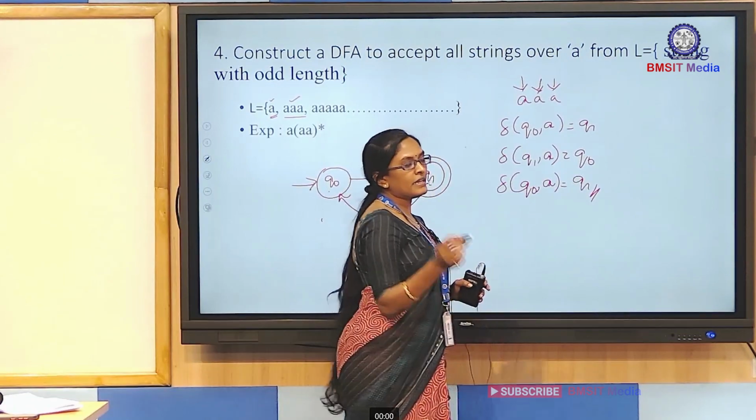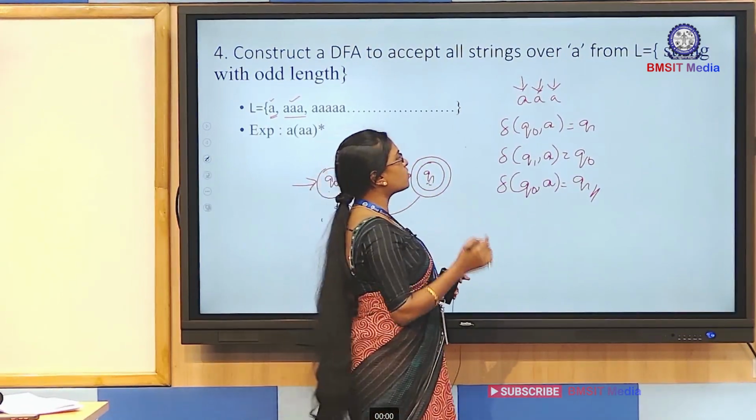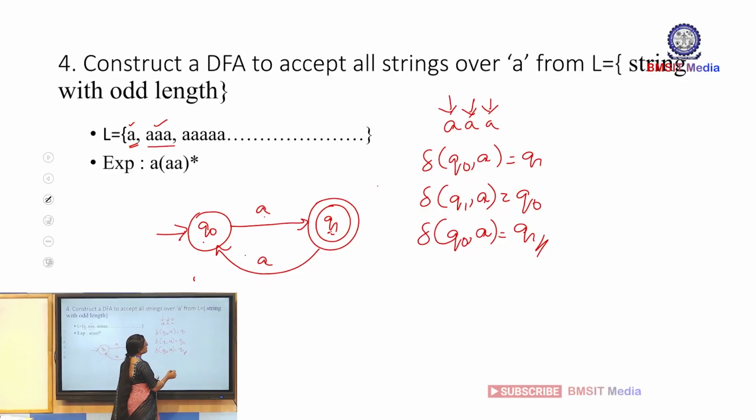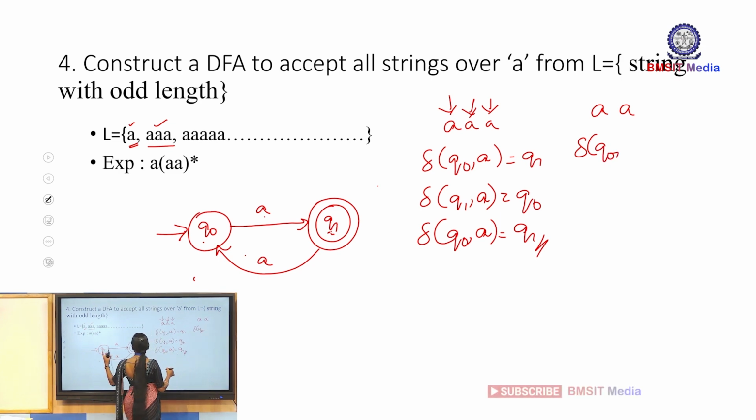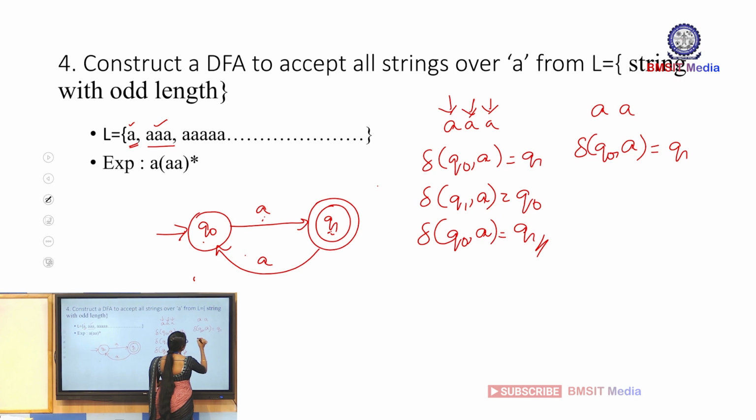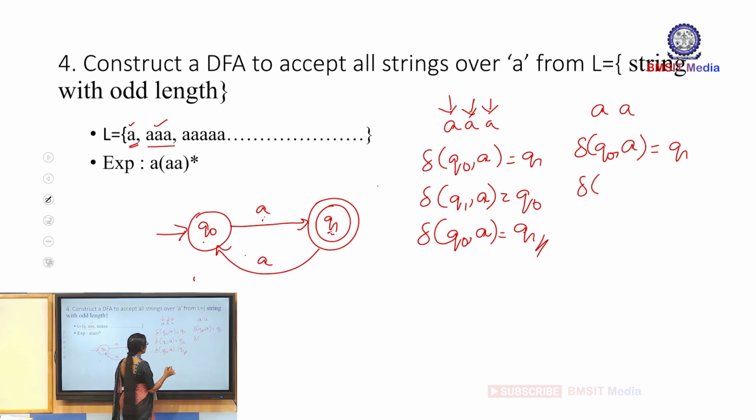So this is valid. Now what happens if I have only 2 A's? Let me check if this string is accepted. I'll start with delta Q0, the initial state. On accepting an input A, it makes a transition to Q1. Now Q1 becomes the current state.